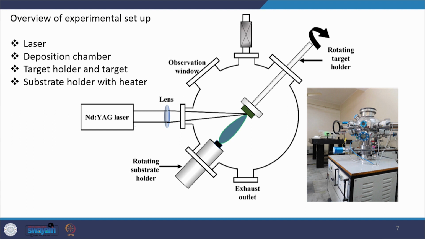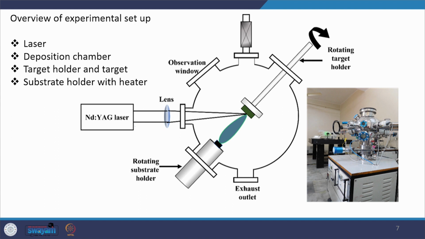Here we generally use the third harmonic of the Nd:YAG laser, which is 355 nanometer, but the 266 nanometer wavelength is also useful. At 355 nanometer, the energy we use is generally of the order of 200 to 300 millijoule per pulse. This system is quite versatile and relatively simple compared to other deposition techniques.